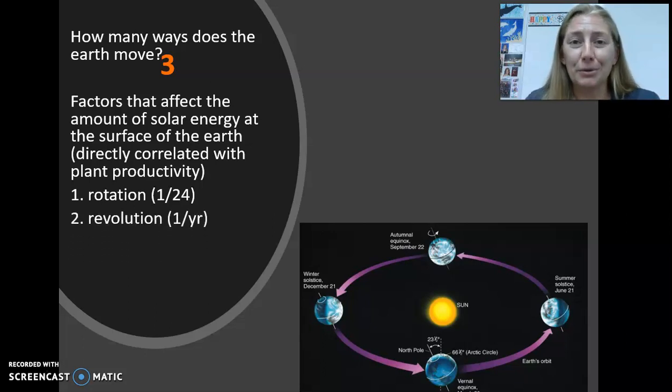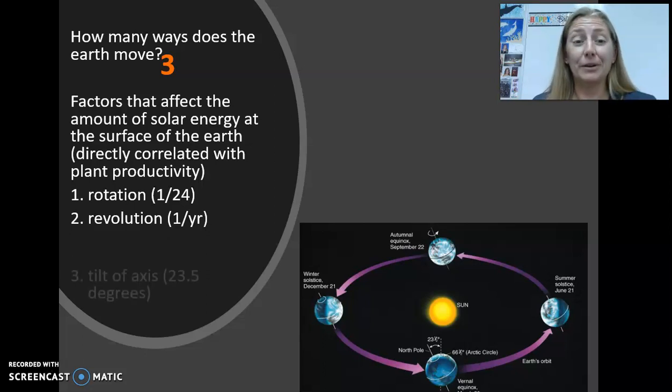Another way that the Earth moves is by revolution around the sun. And we make one revolution every year, or 365 days, unless it's a leap year, then it's 366. And obviously, our distance from the sun will have an impact on the amount of solar radiation that is being received.